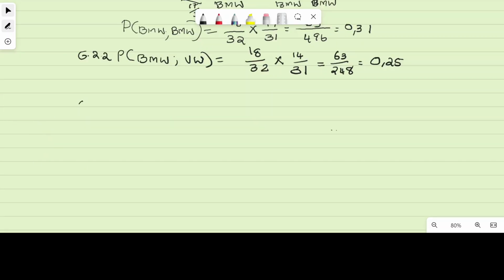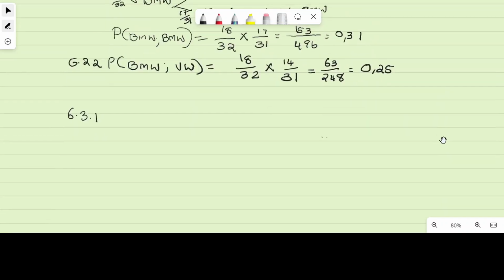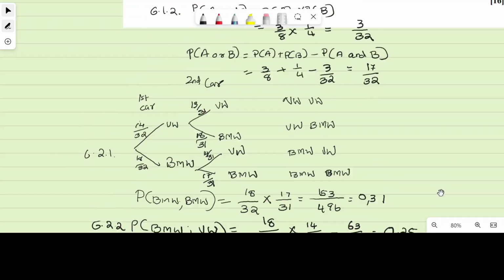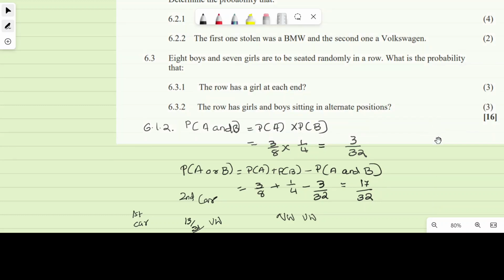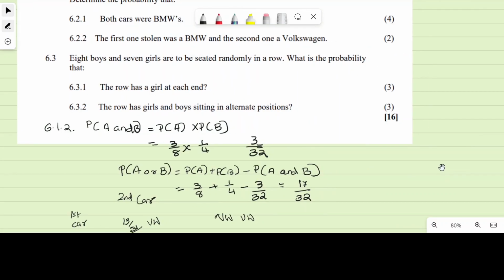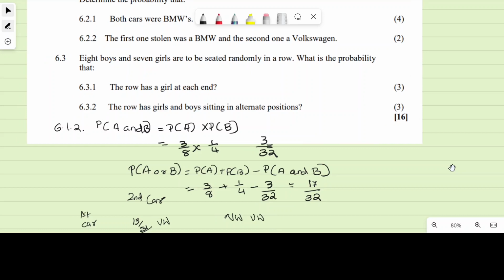Okay, let's go to the next question, 6.3.1. Let's see what the question is now. The question says 8 boys and 7 girls are to be seated randomly in a row. What is the probability?